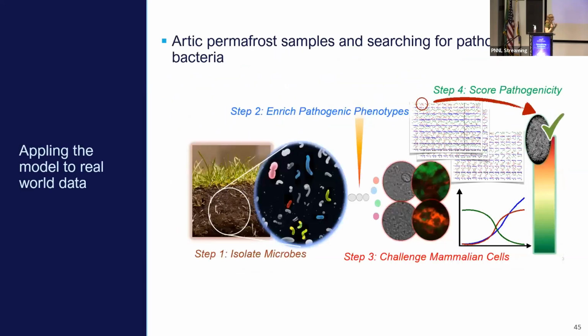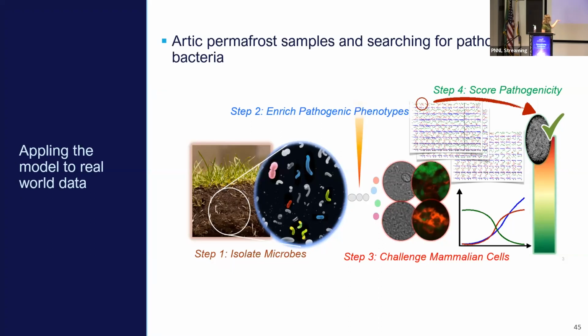So they were able to create this model with all this trained data, known pathogens, known commensal bacteria, and then take real Arctic samples from the permafrost, melt them very carefully, and then do their entire experimental design, their entire process on them.